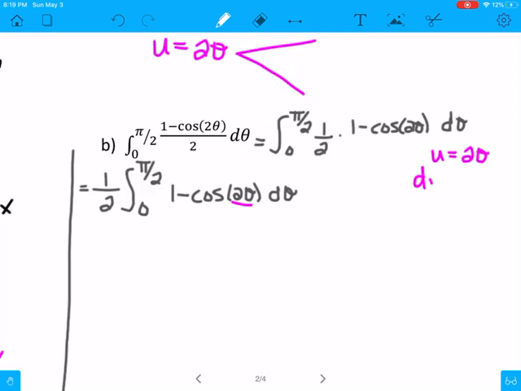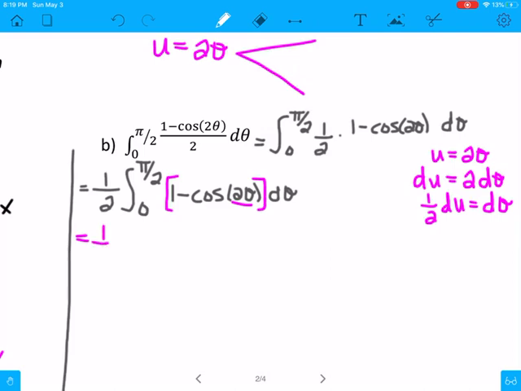My du equals 2 d theta. Well, I don't need to replace anything but d theta, right? I need this to go away. So I can make it be 1/2 du equals d theta. So I'm going to fill in what I know.